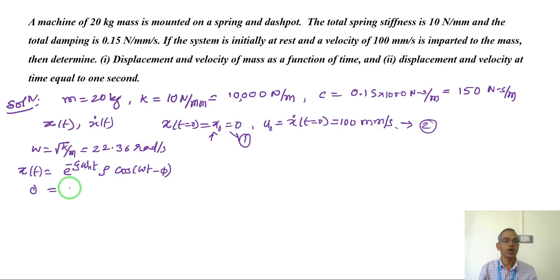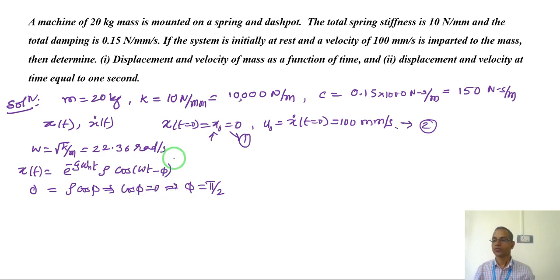At t equal to 0, e power 0 is 1, and cos of minus phi is cos phi. Since rho cannot be 0, cos phi has to be 0. When cos phi is 0, that means phi equals 90 degrees. At phi 90, cos phi is 0. So this is how we obtained phi.